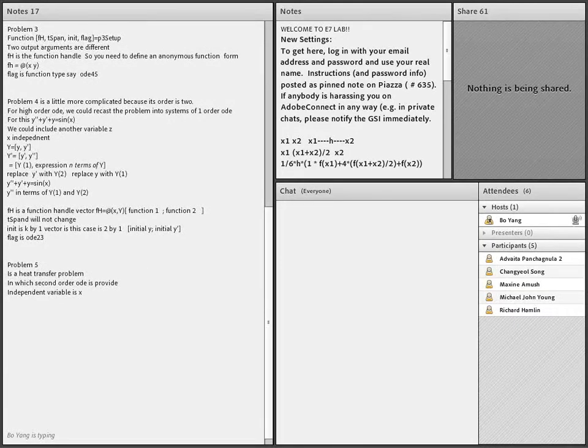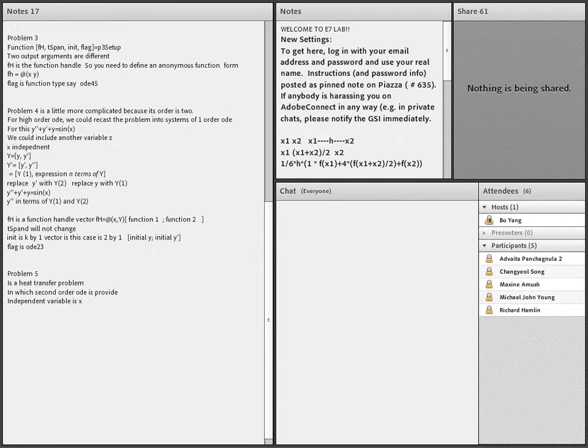And the dependent variables, we name it small t. Small t consists of T, the temperature at different positions, and T prime, which is the temperature change along x.